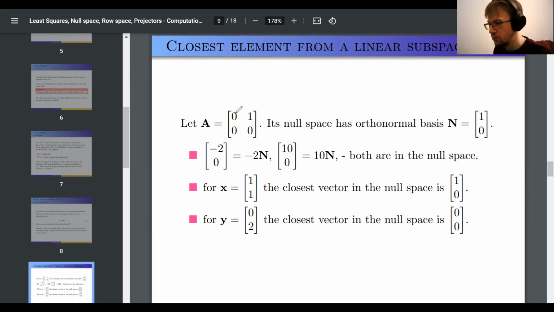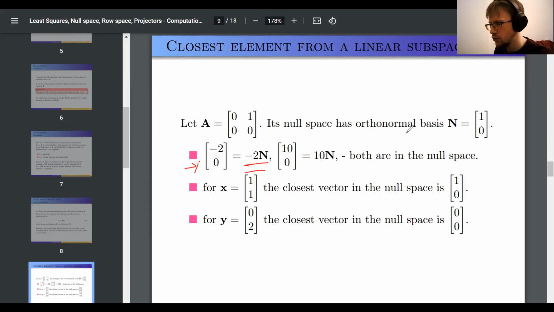And if you multiply it by anything and this by anything, you're not going to get a 0 output. You're going to get something. So it has to be 1 here, 0 here, or -1 here and 0 here. Okay, great. So this matrix here is definitely an element of the null space.